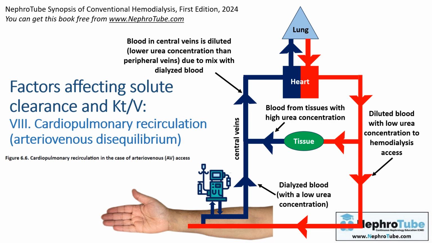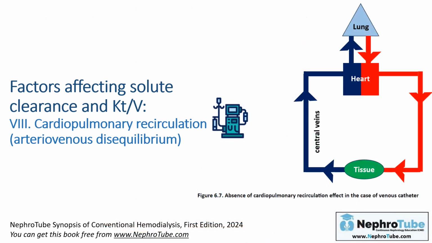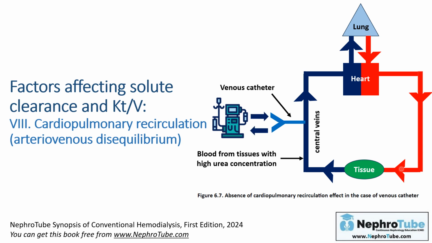But if you are using a venous catheter, the cardiopulmonary recirculation usually has no effect. This is the tissue, and this is the blood coming from the tissue with high concentration going to the central veins. The venous catheter is inserted in the central veins. So you will take blood with high urea concentration coming from the tissues.